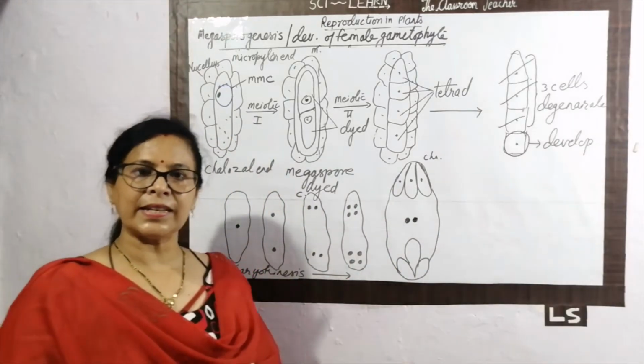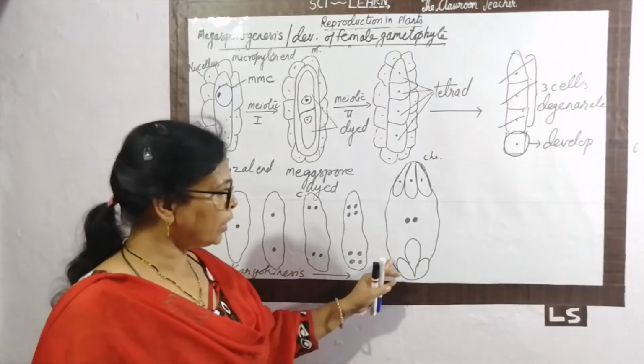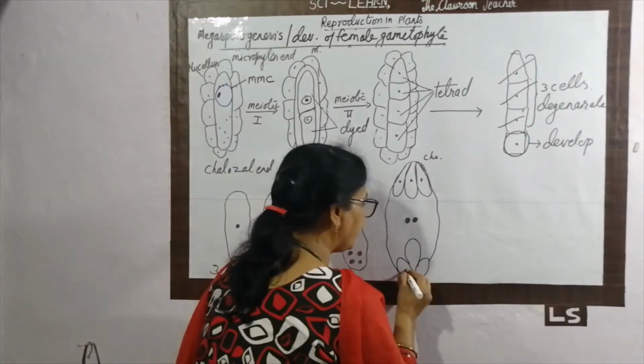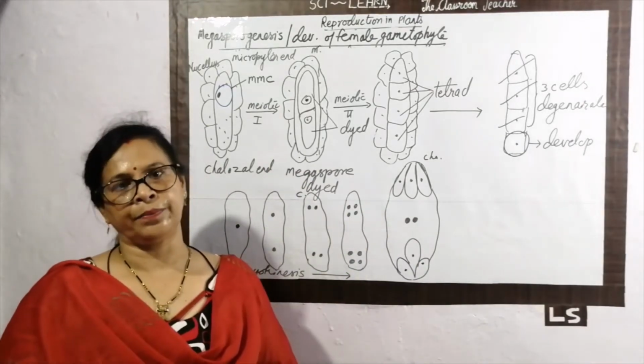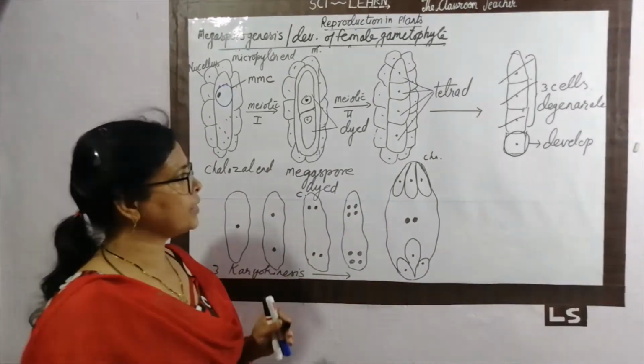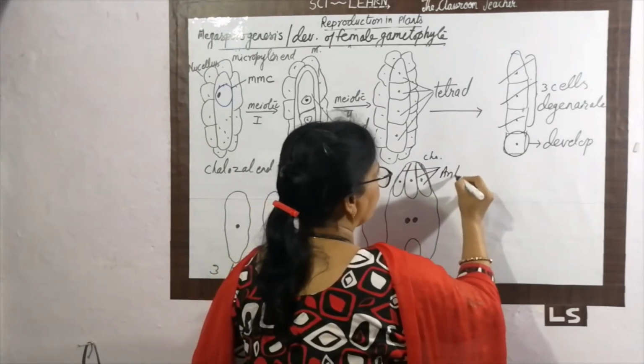Total 8 nuclei are there. 3 nuclei move towards one end, 3 nuclei move towards the other end, and 2 nuclei remain in the center.